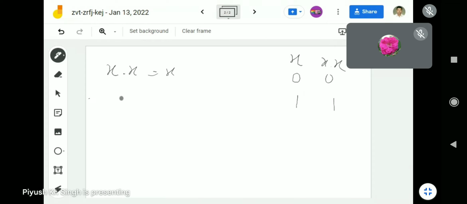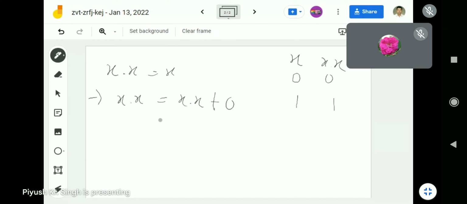Another way you can write is x dot x is equal to x dot x plus 0. Since this is the basic definition of Boolean algebra, 0 is the identity element over addition. So any Boolean variable plus 0 will be that variable. It was already discussed in the previous class.